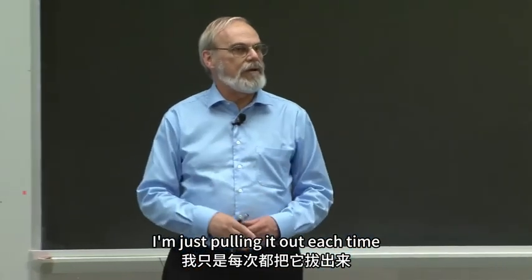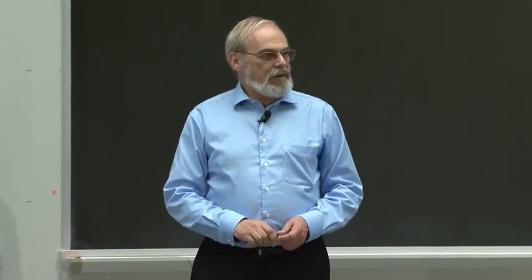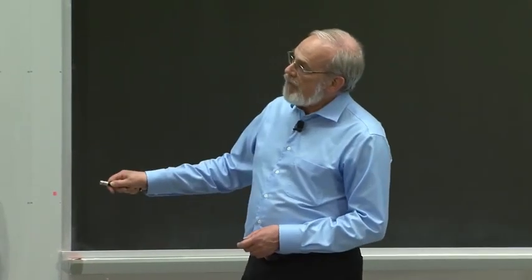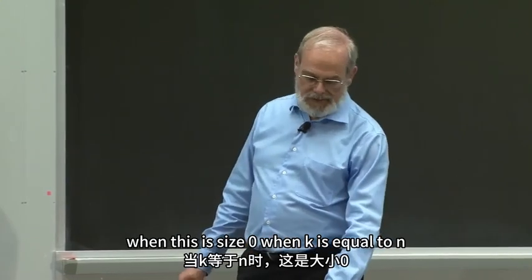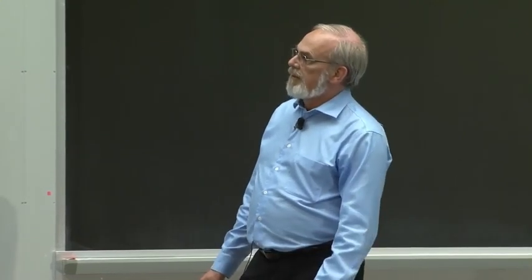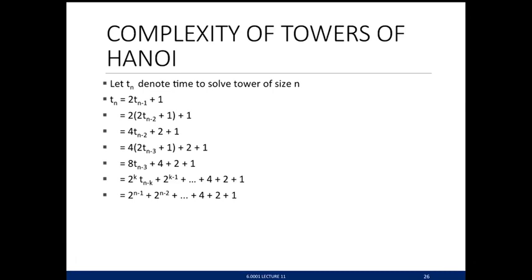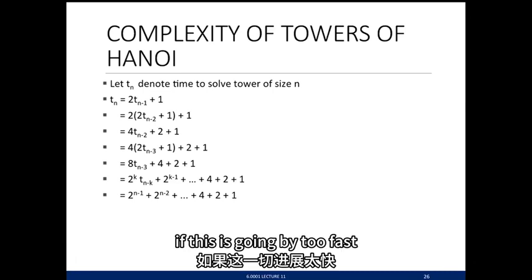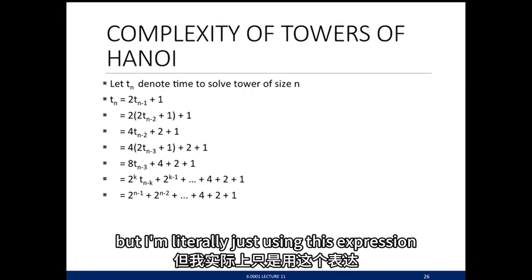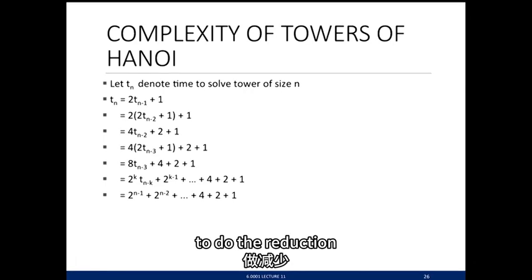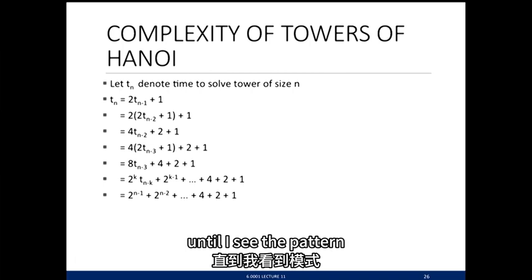I'm just pulling it out each time. When am I done? When this is size 0, when k is equal to n. And so that's when I get that expression. If this is going by too fast, just walk it through yourself later on. But I'm literally just using this expression to do the reduction until I see the pattern.